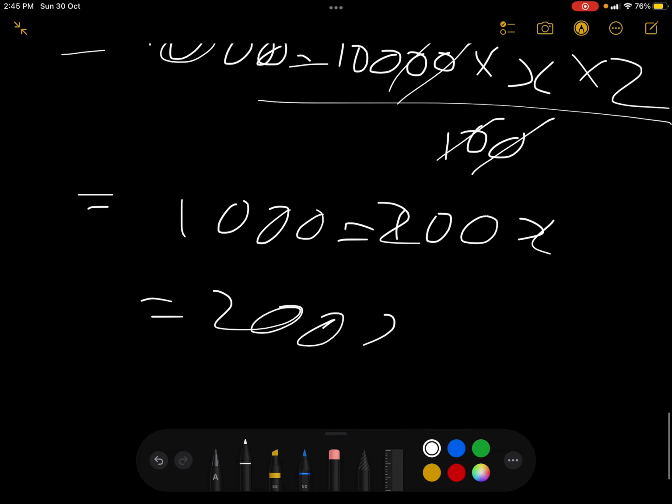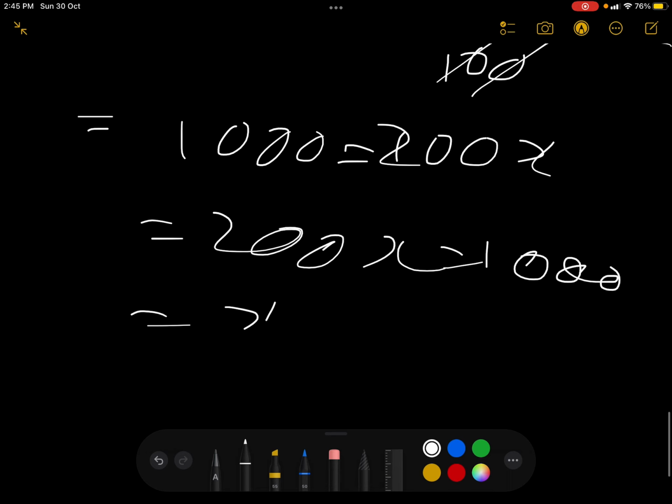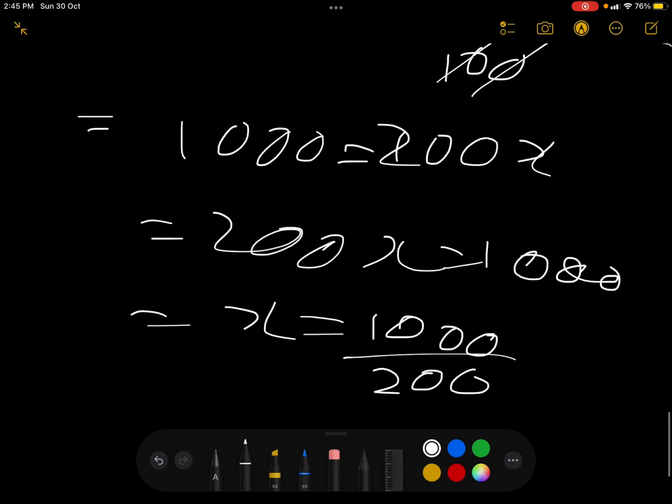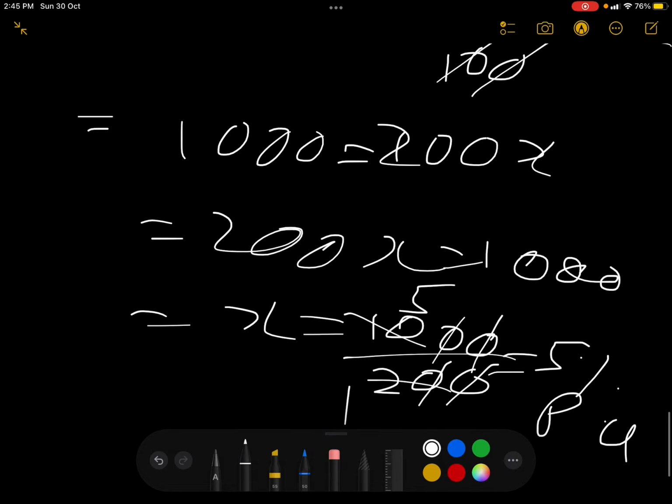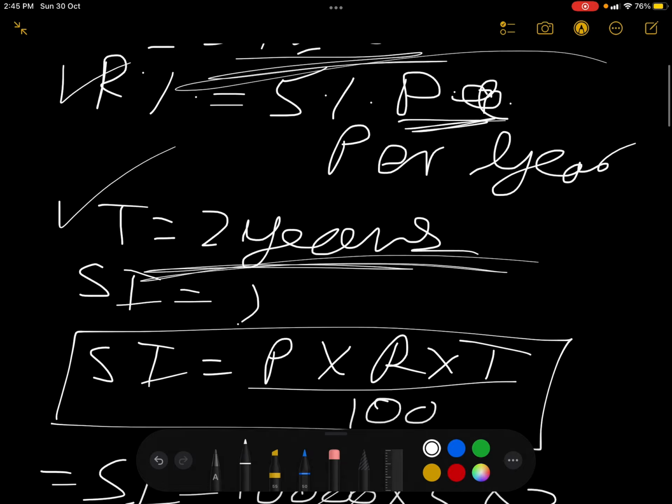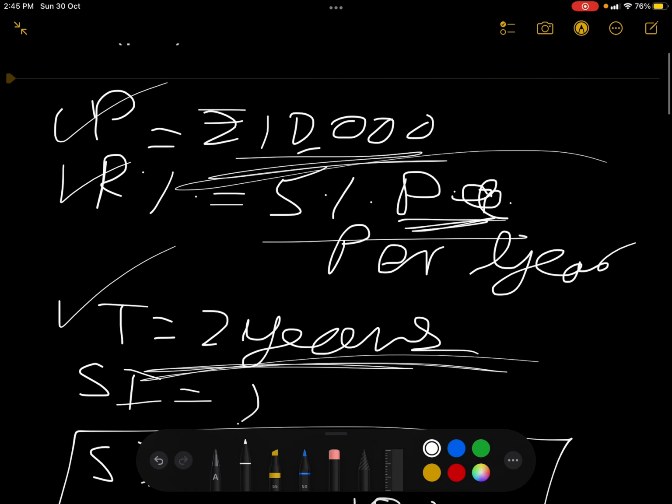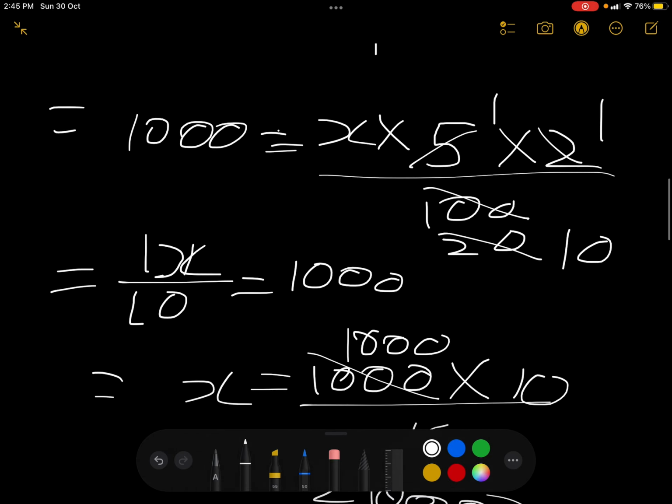Basically 200x is equal to 1,000. You can solve it that way also, but I find having the variables on the left hand side better. So x is equal to 1,000 upon 200, and you can see we come out with 5% per annum. And as you can see, our rate was indeed 5% per annum.